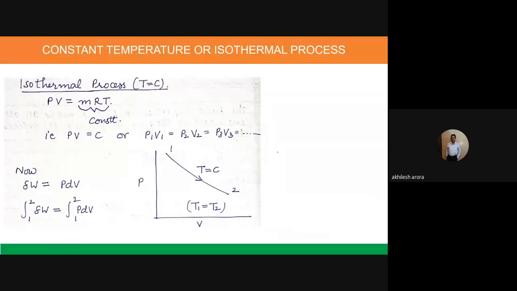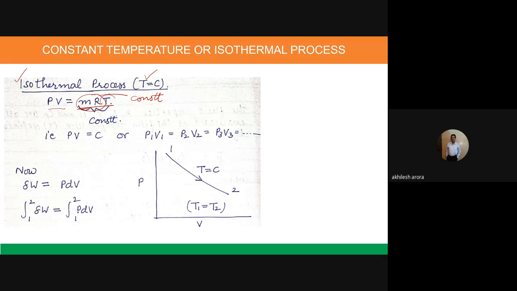It is constant temperature or isothermal process. So you can see it here. In isothermal process, the temperature is constant, and I can write, this is once again the gas equation, PV is equal to MRT. Now you can see this term M and R are already constant for a gas. If a gas is given to us, then this term is constant.